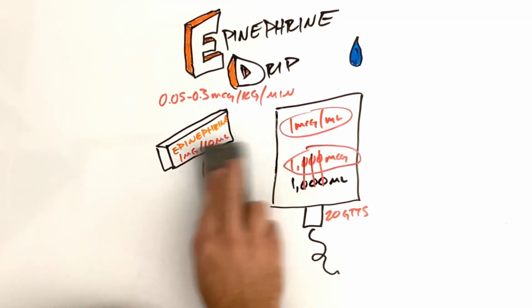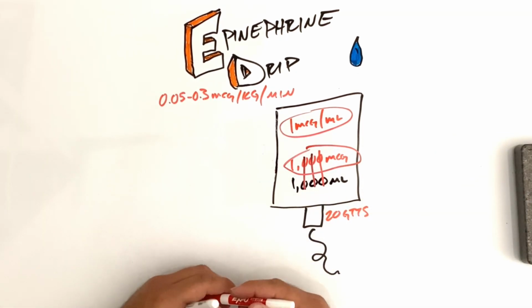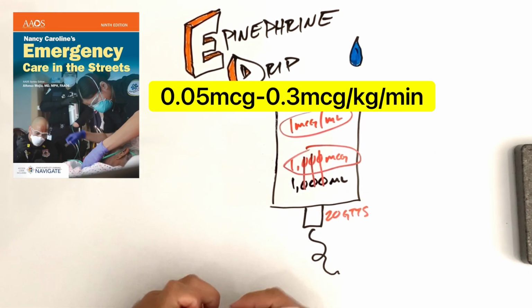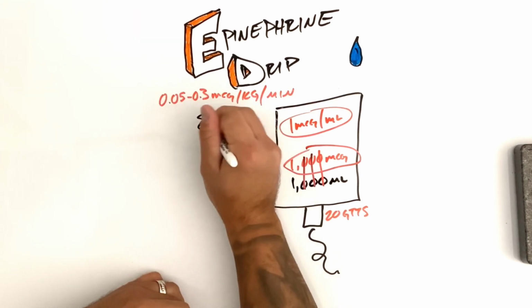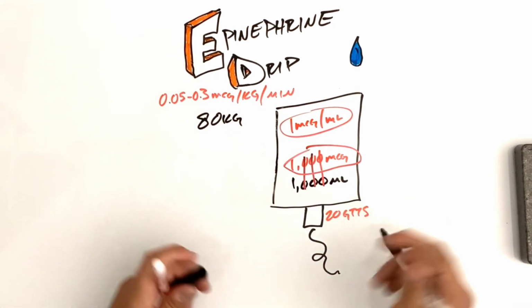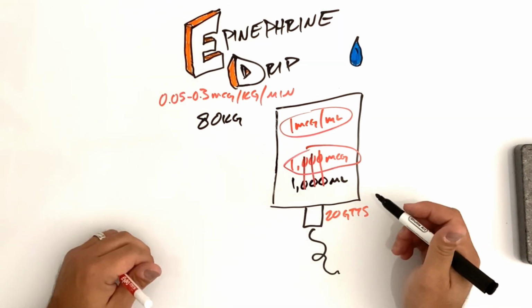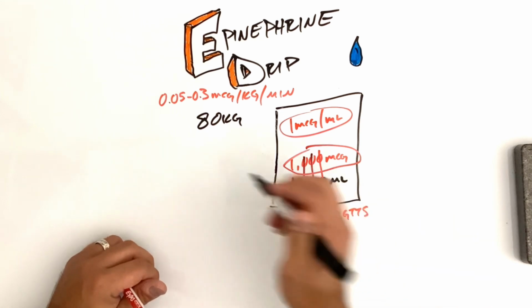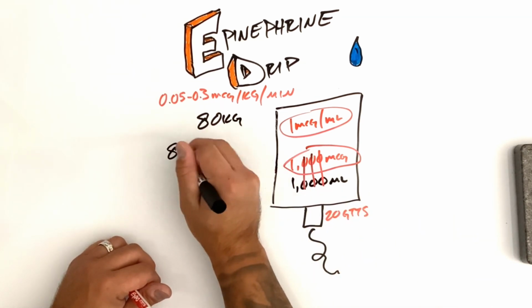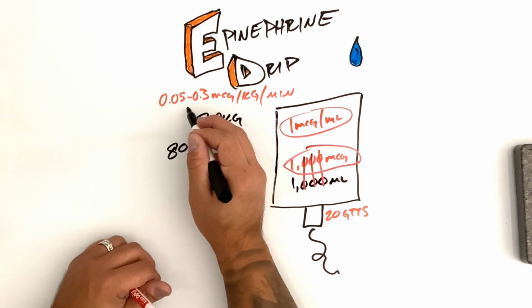Now that we've got our bag mixed and labeled appropriately, let's start off with an actual dose. Let's say we have an 80 kilogram patient. The first step is we're always going to plug it into our equation to see how many micrograms we want to be delivering. So let's start with 80 kilograms, and we multiply it by our desired dose.